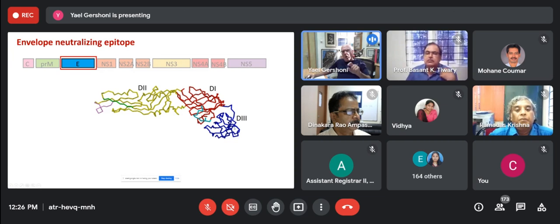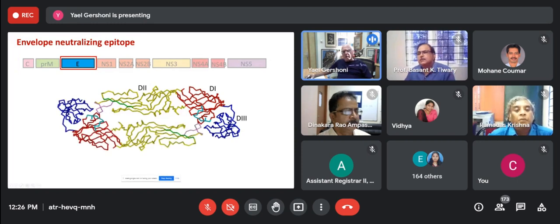Now, the orientation of this highly conformational and complex structure is even more so when you realize that the second monomer of the dimeric structure is juxtaposed in opposite direction. So here's D3, and here's the D3 of the second subunit.